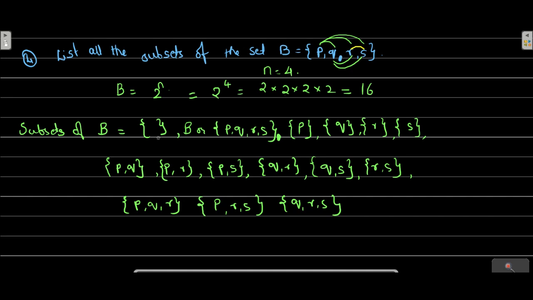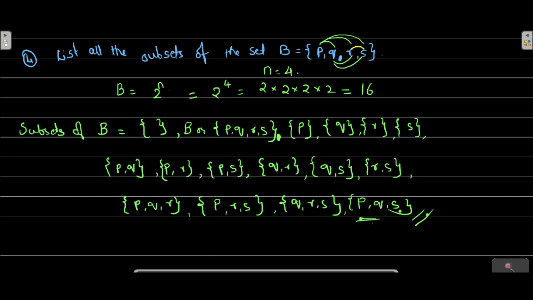Now let us count how many sets are completed: 1, 2, 3, 4, 5, 6, 7, 8, 9, 10, 11, 12, 13, 14, 15. One more is left. We missed out one: P Q S is the last subset.